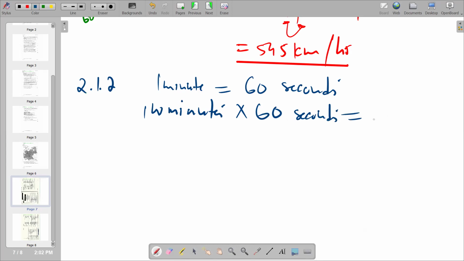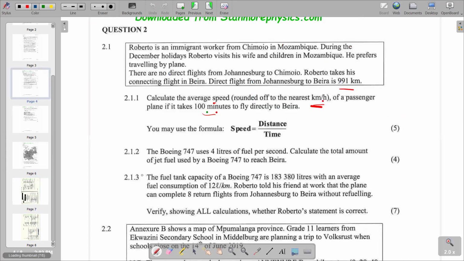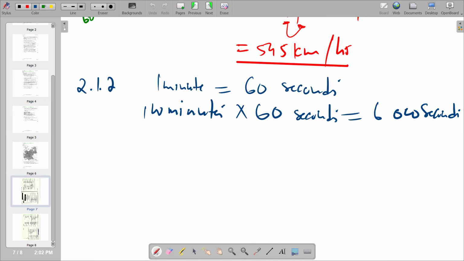So if you multiply that, you see that you're going to get 6,000 seconds. So with that now, we are given a rate that says 4 liters is equal to 1 second.